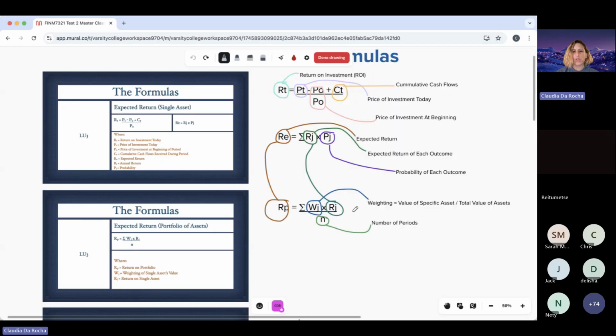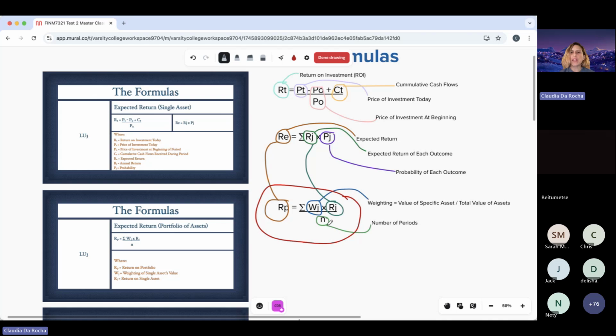So when you're dealing with your expected returns, I'm just going around this one in red so you know which one I'm talking about. If they don't give you the values to calculate your weighting, you can actually replace this W with a probability. And then what will happen is you will work it out for each asset in the portfolio, and then at the end, divide by N.